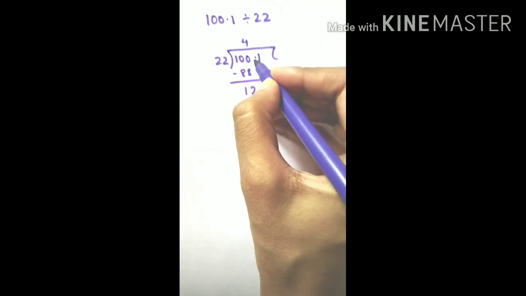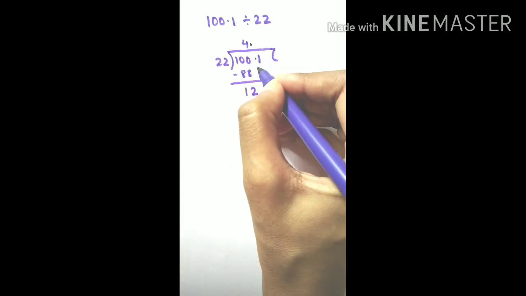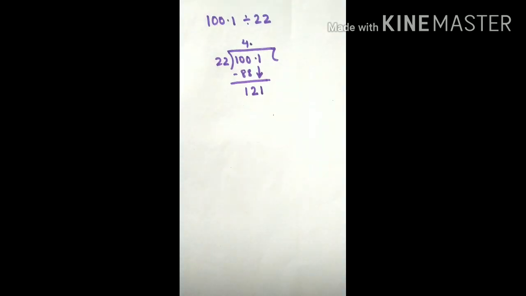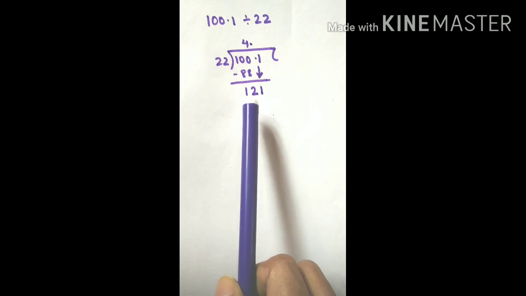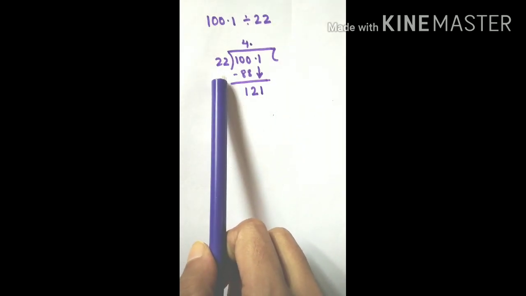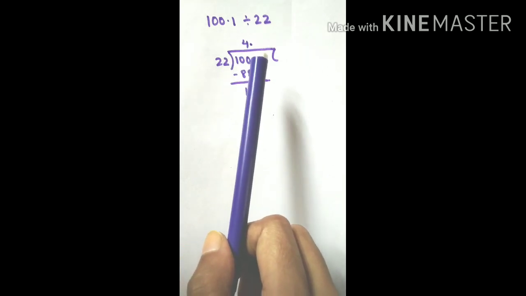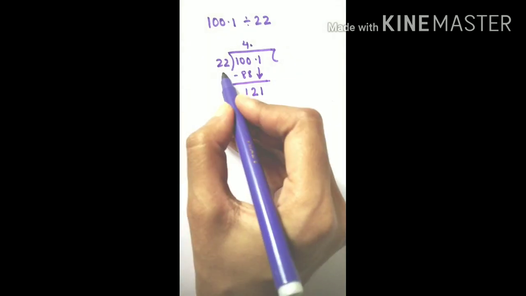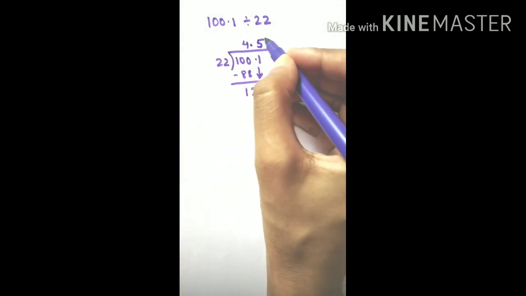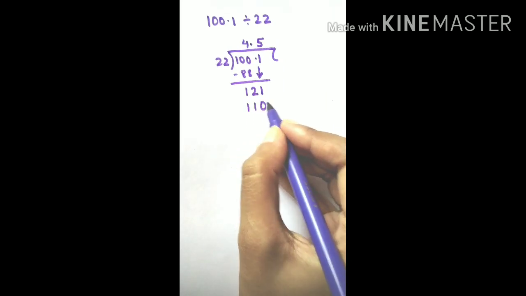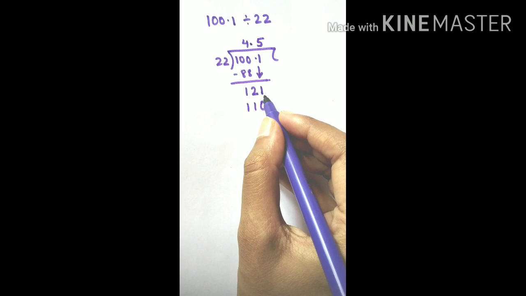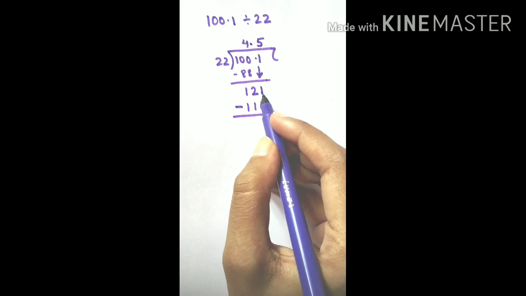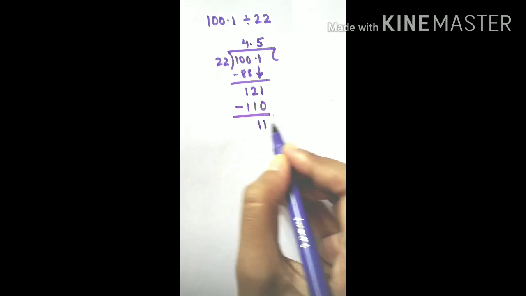So we will shift this point to the quotient and we will bring down this 1 here. So students, now we will try to divide 121 by 22. So 22 multiplied by what number is equal to or nearest to 121? 22 multiplied by 5 is 110, which is nearest to 121. So when we subtract 110 from 121, we get 11.